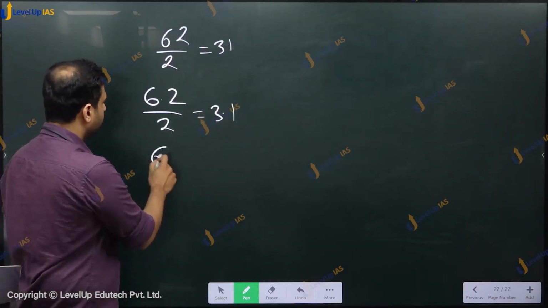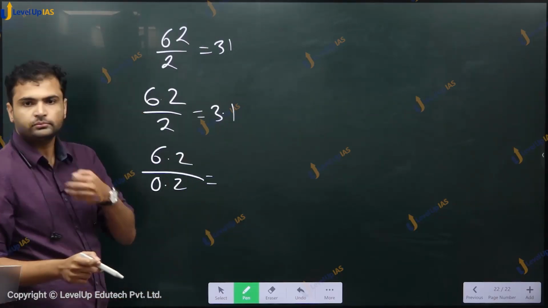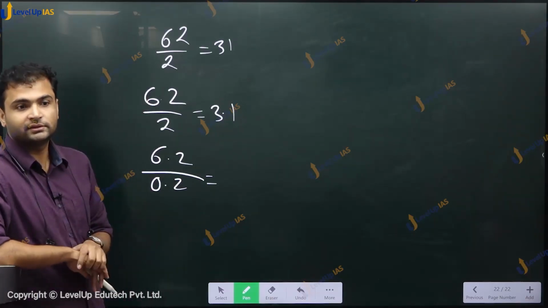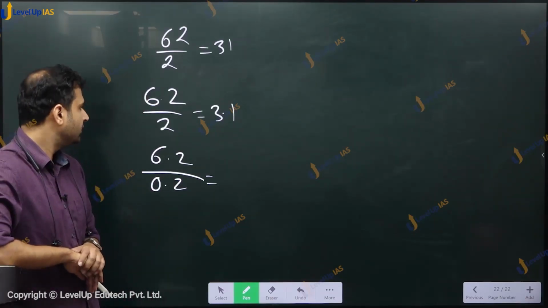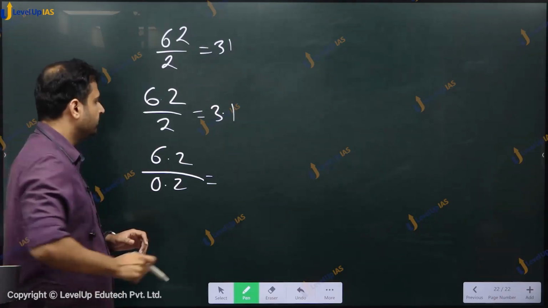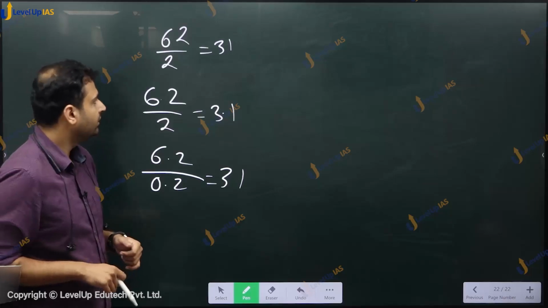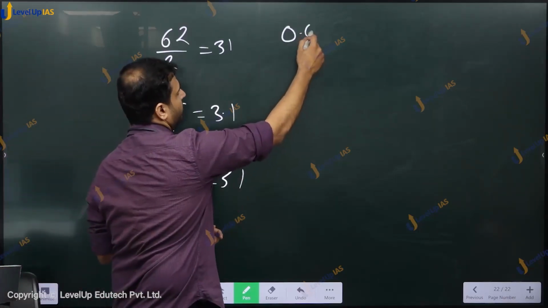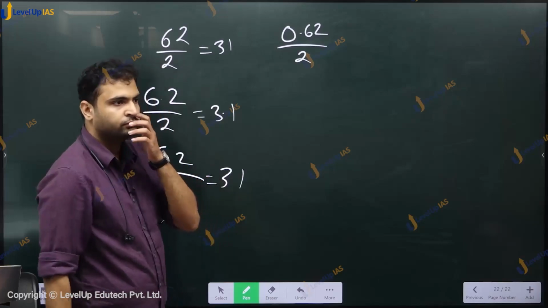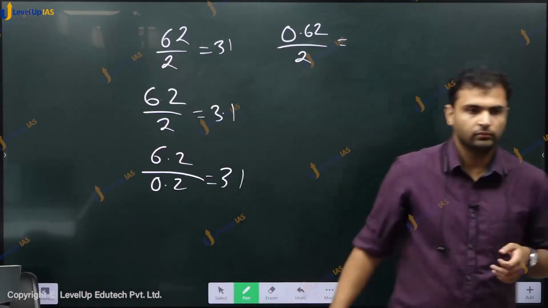What is 6.2 divided by 0.2? Tell me the answer. 31. Then what is 0.62 divided by 2? 0.31.